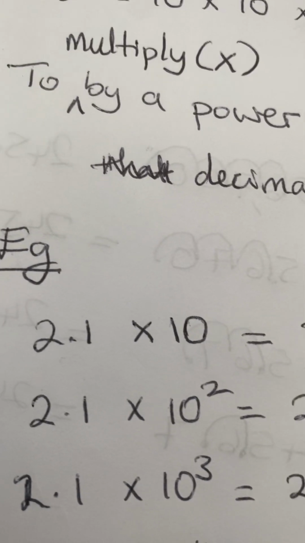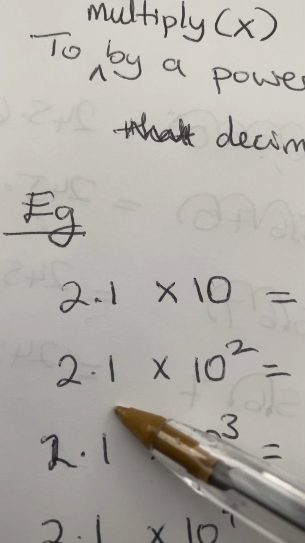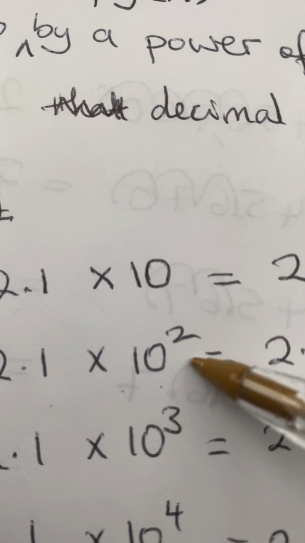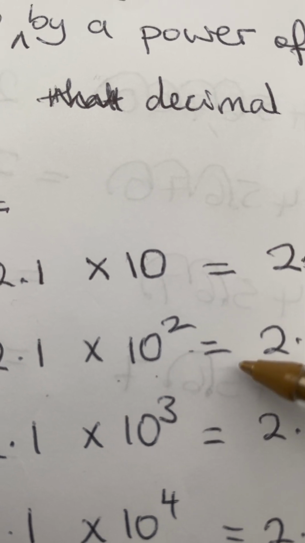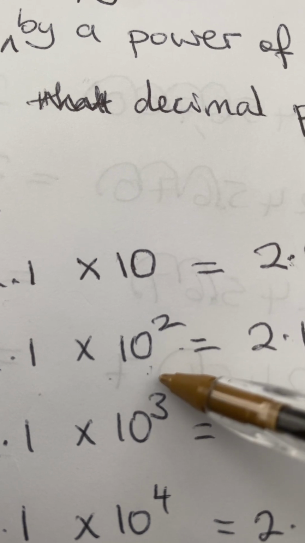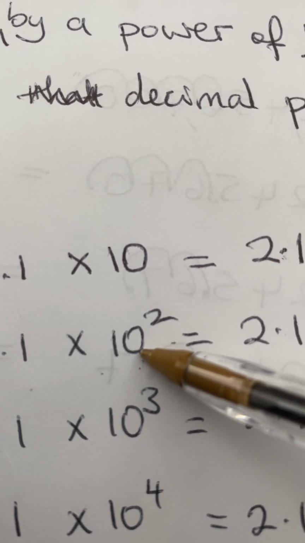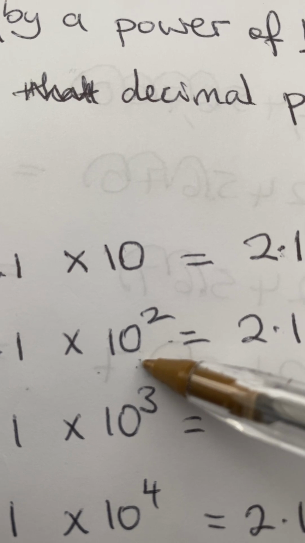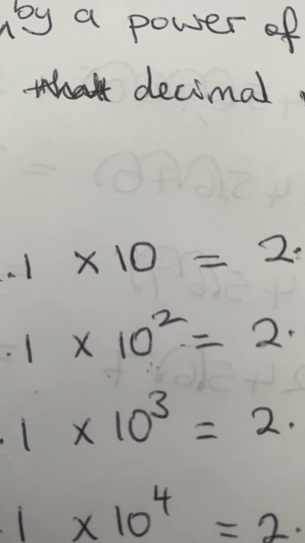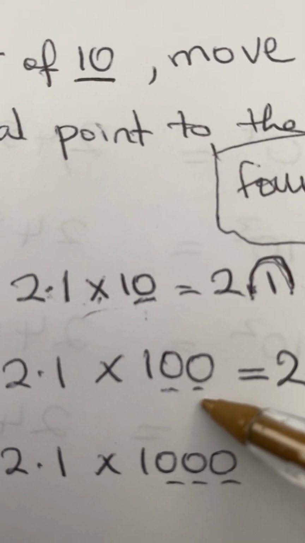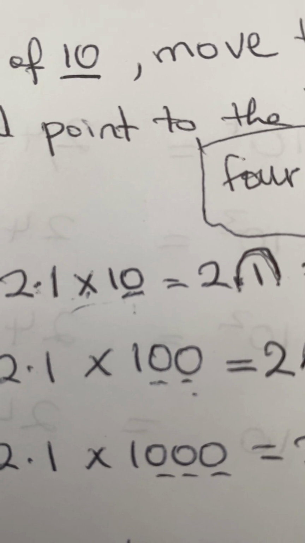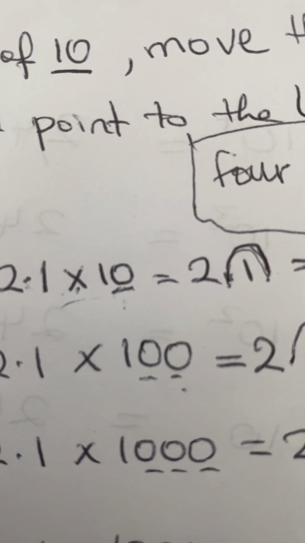The next example is 2.1 times 10 to the power 2. So 10 to the power 2 is the same as 10 times 10, which is 100, and 100 has 2 zeros. So I'm going to make 2 loops, 1 each.